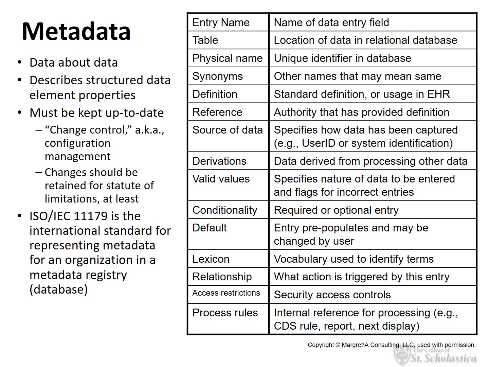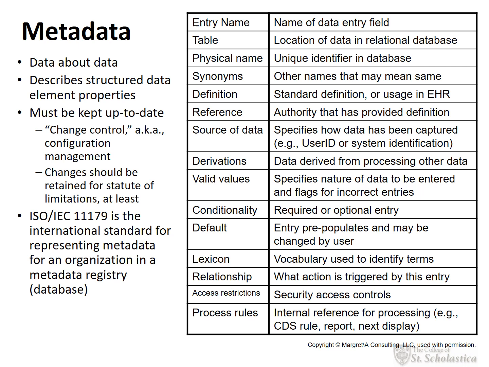In general, we want to avoid synonyms, but it isn't always possible. Definition refers to the standard definition of the particular data that is identified by the entry name and physical name, or the usage in the EHR specifically. Reference refers to the authority that has provided the definition. Is it the Merriam-Webster Dictionary, or is it a Stedman's Dictionary, etc.?